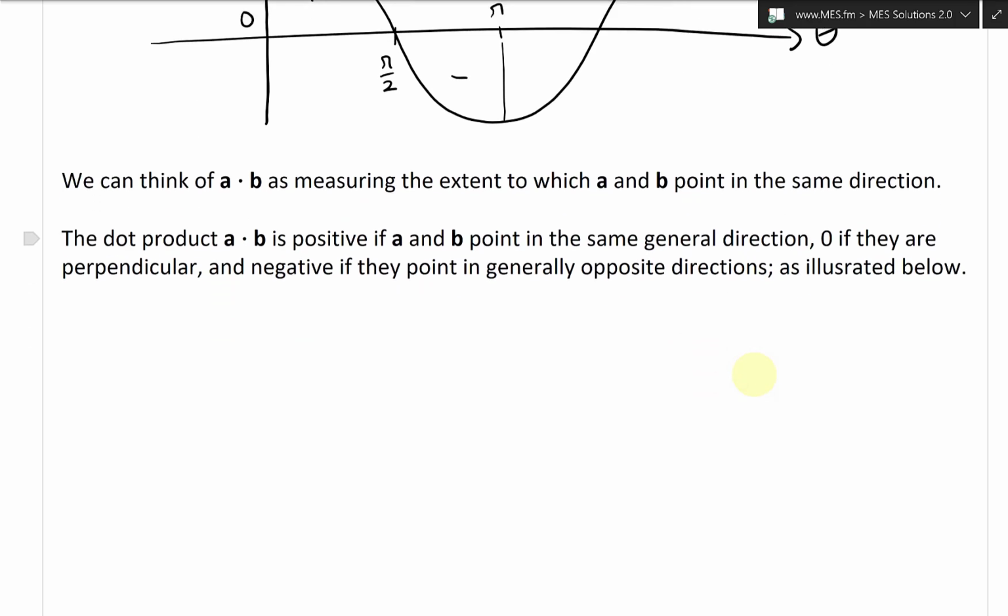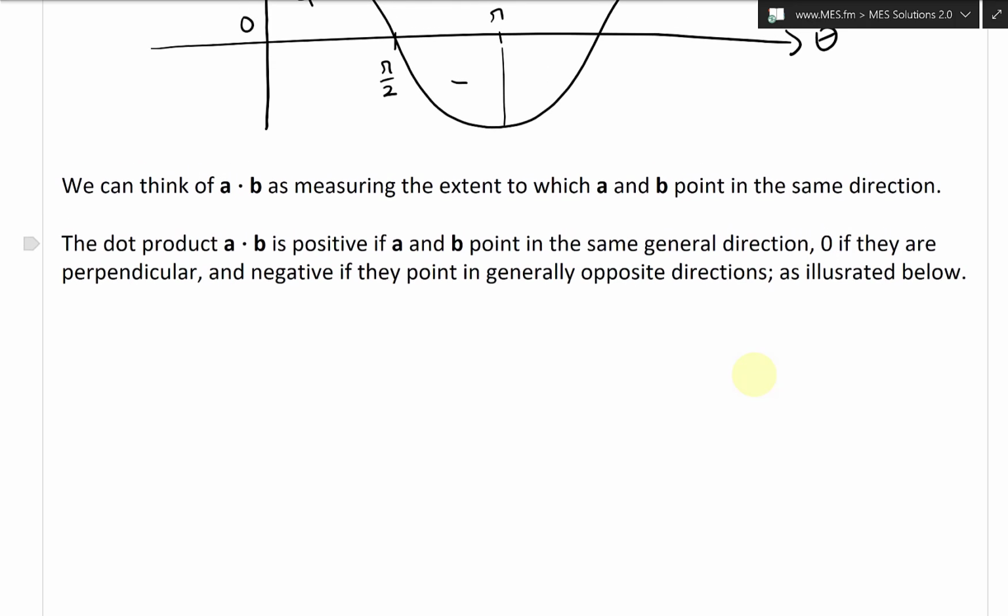For example, let's say you had a vector A like this, and a vector B like this, with theta between them. So this is a small angle.